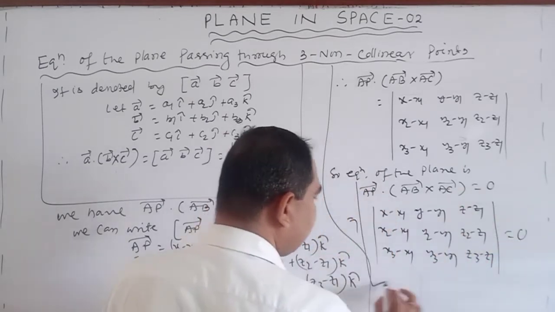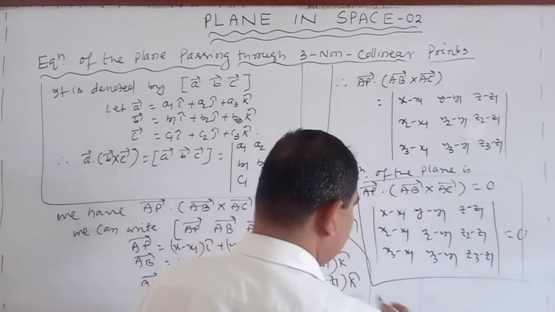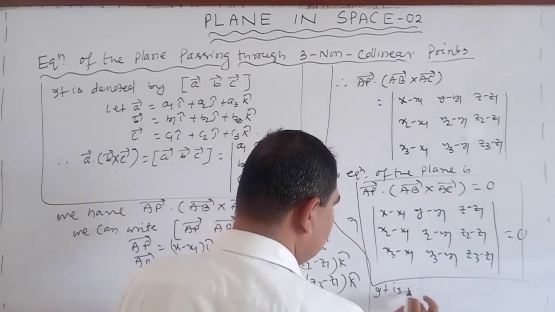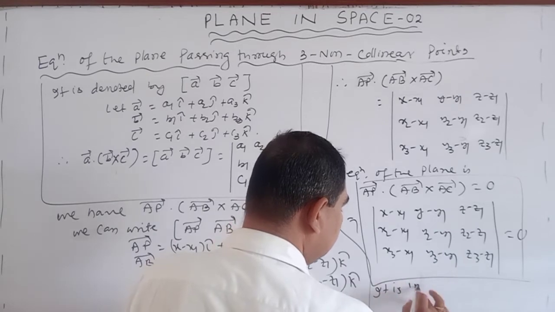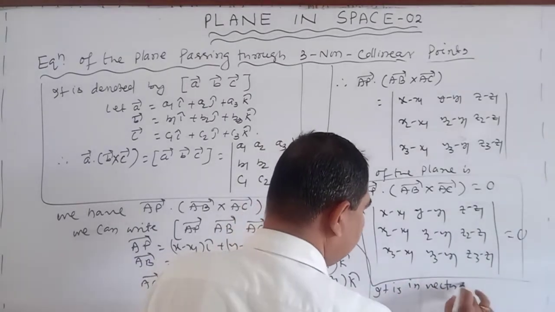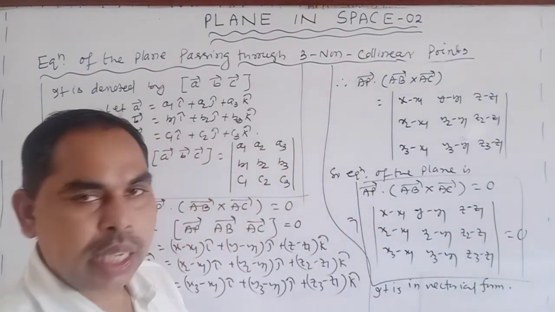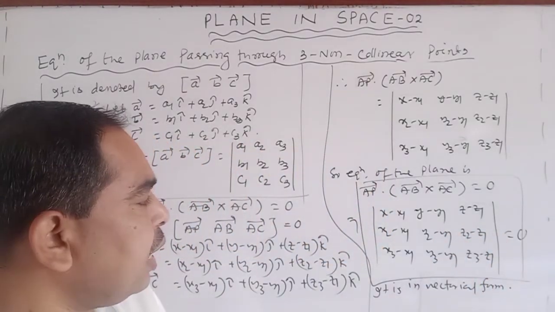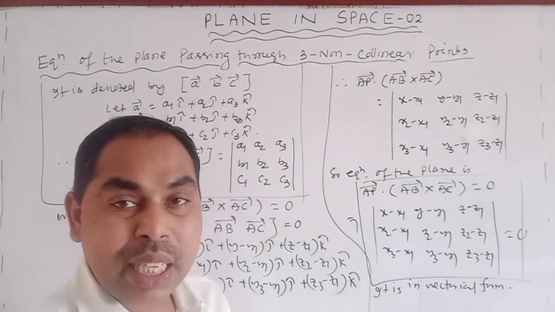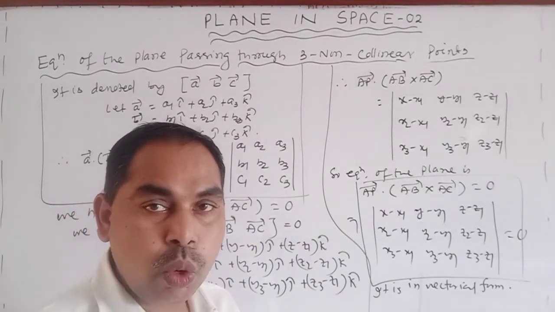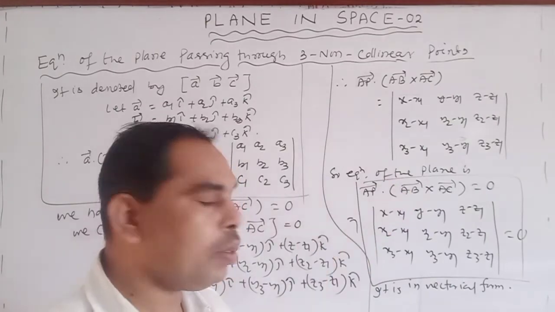This is in vectorial form. This is the equation of the plane passing through three non-collinear points.